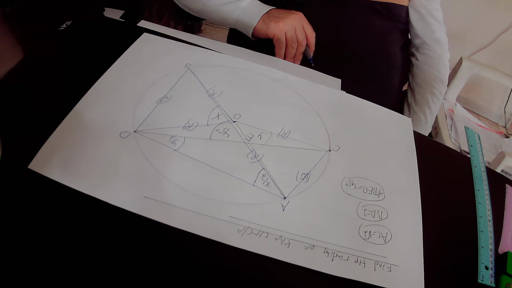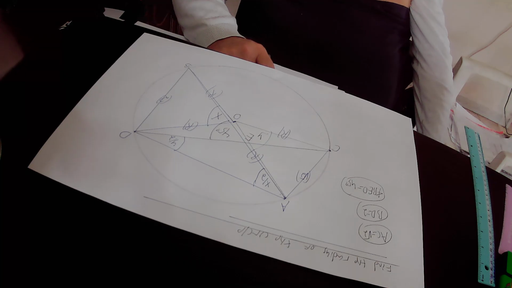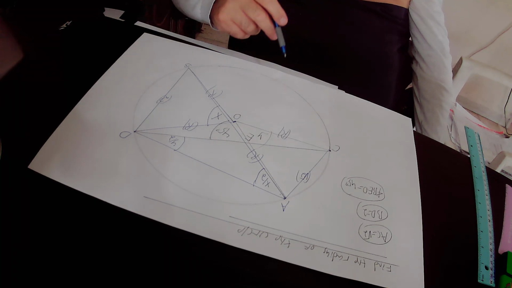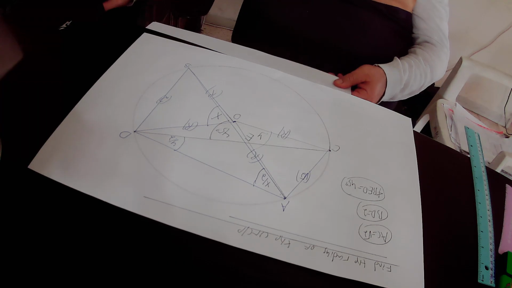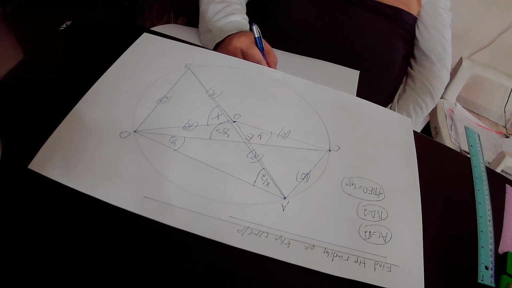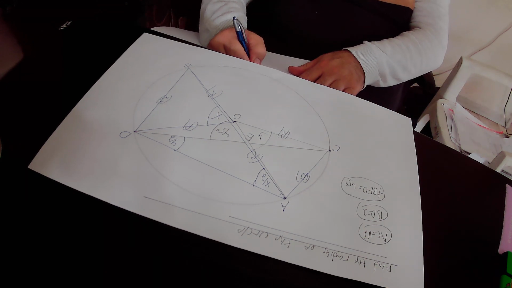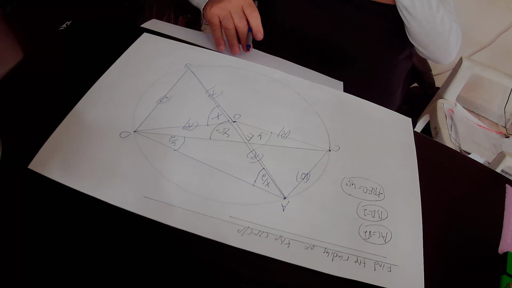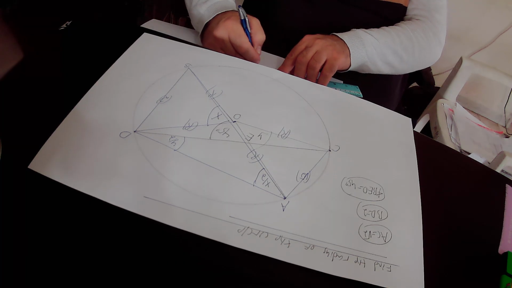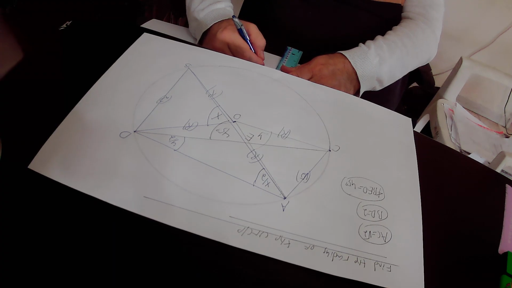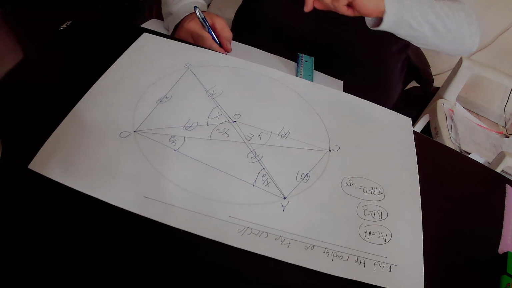In the next step, I'll copy triangle ACO in the new page, and we will implement the law of cosines in this triangle ACO. Side A is equal to 2 units in its length.